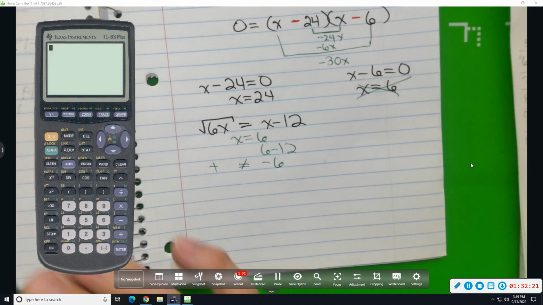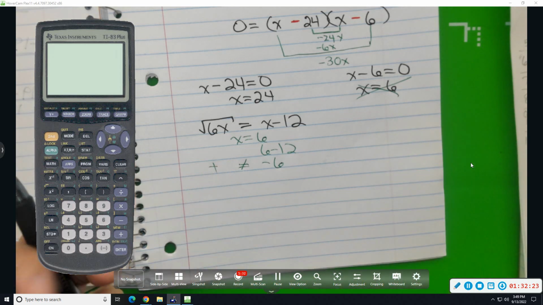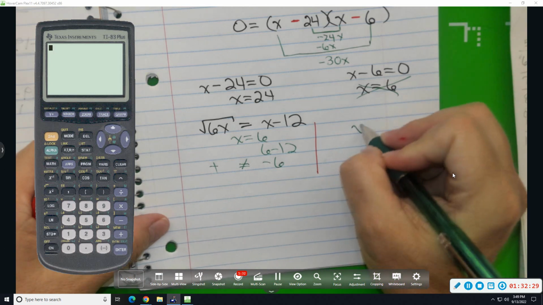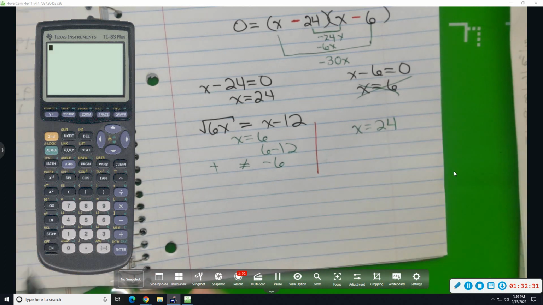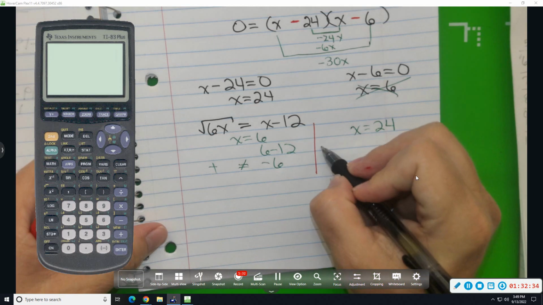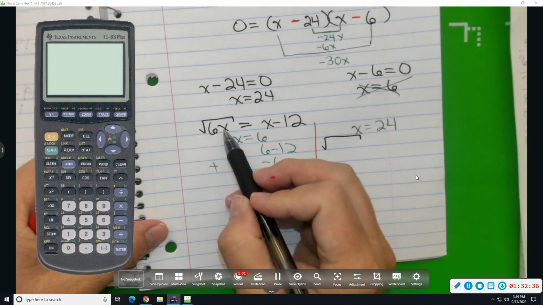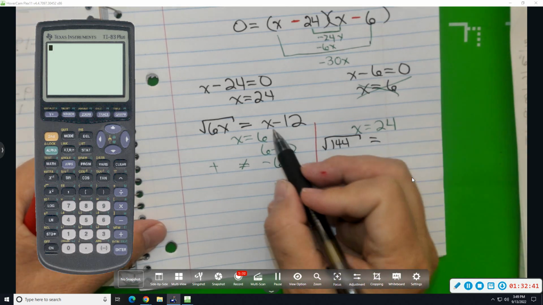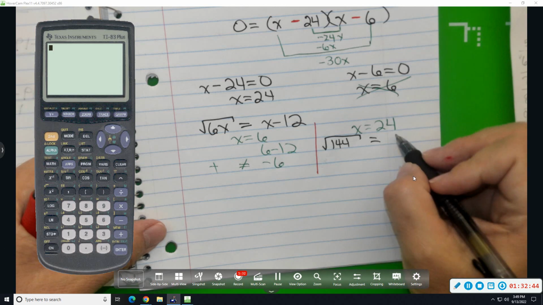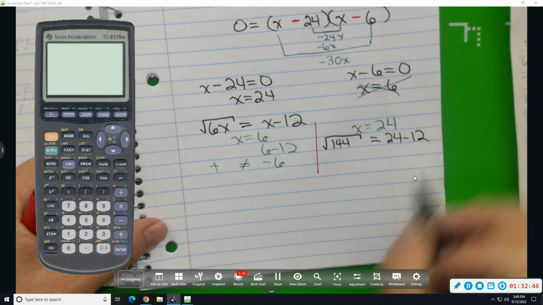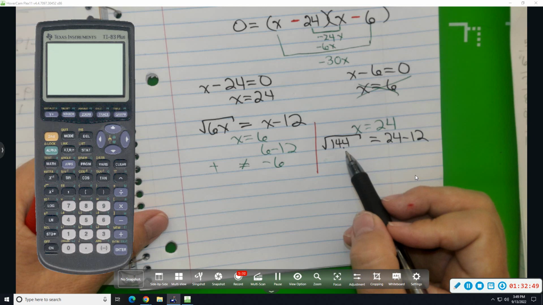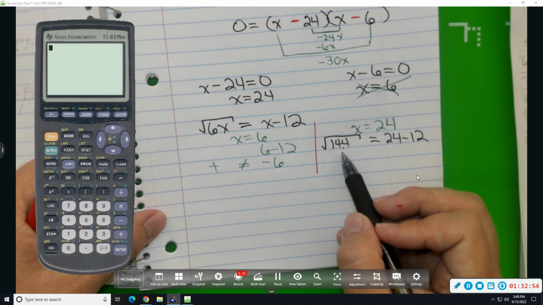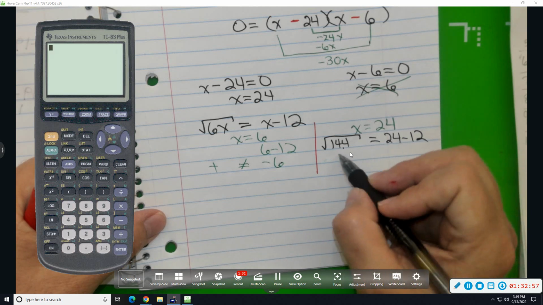Now for 24, checking 24, we have a square root of 6 times 24, that's 144. Plug in the 24 there, 24 minus 12. Is this a true statement? The square root of 144 is 12.